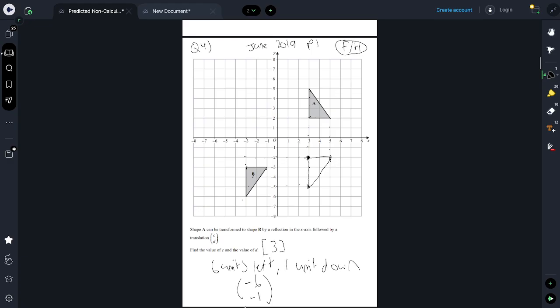Just know that going left is negative, down is negative, but going right would be positive and up is positive. But here we're going left and down, so it's negative. Which means if this is equal to CD, that means C has to be -6 and D has to be -1.